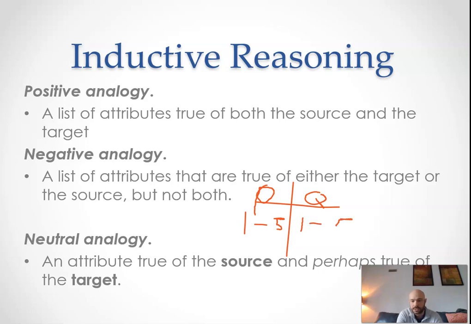So this constitutes our positive analogy. Now we say, look, the source also has attribute number 6. The neutral analogy is then the prediction that because the source has attributes 1 through 5 in addition to 6, the target is also likely to have attribute 6. And so that is the neutral analogy.